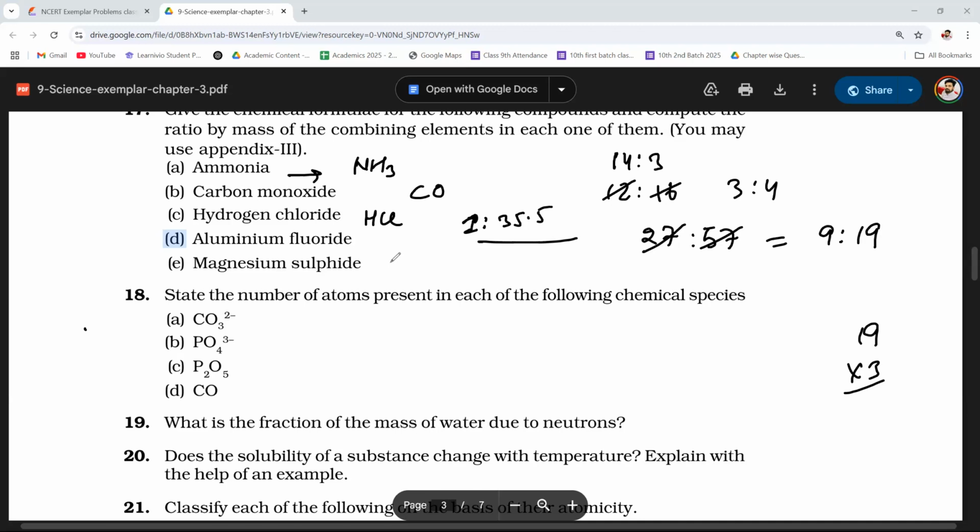And for magnesium sulfide, MgS, the mass of magnesium is 24 and that of sulfur is 32. You cut it with the greatest number, that is 8. 8 3s are 24, 8 4s are 32. That is 3:4. Got it? Yes, sir.